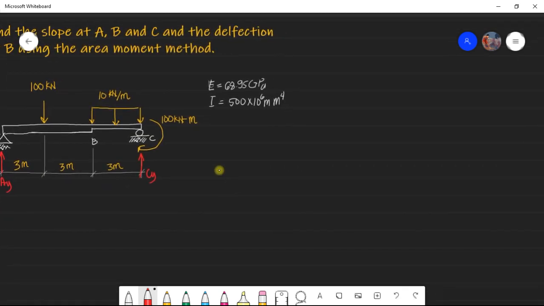Support reactions, the steps we always do. So we'll take moment at C first, equal to 0. Let's say clockwise positive.